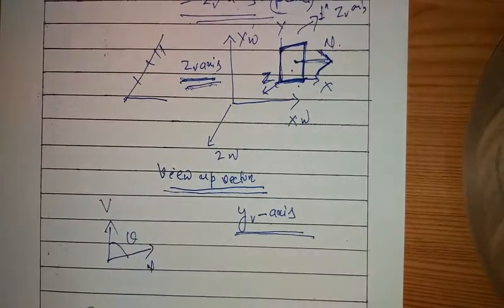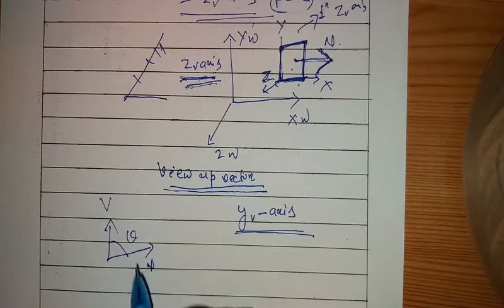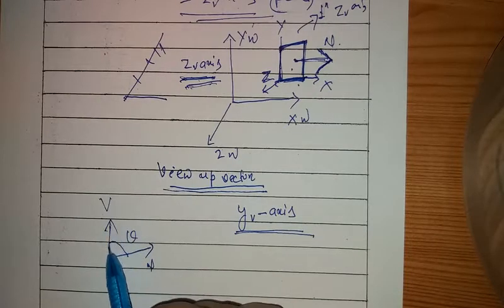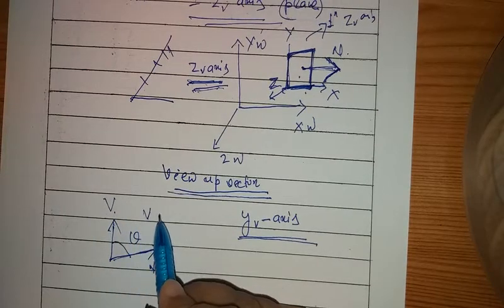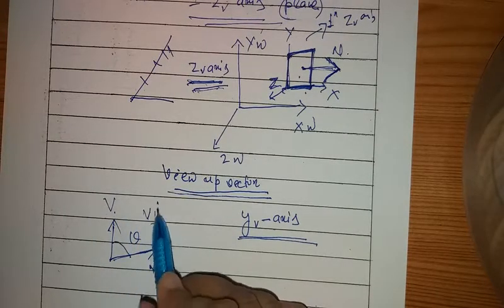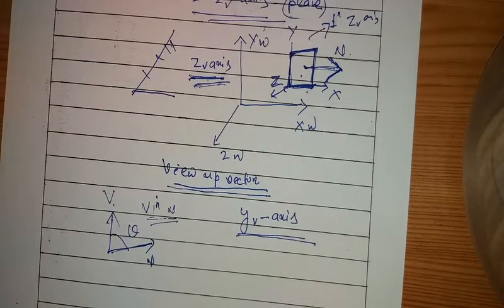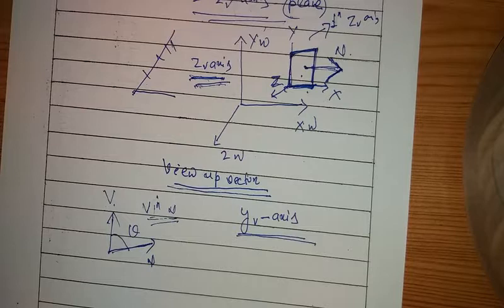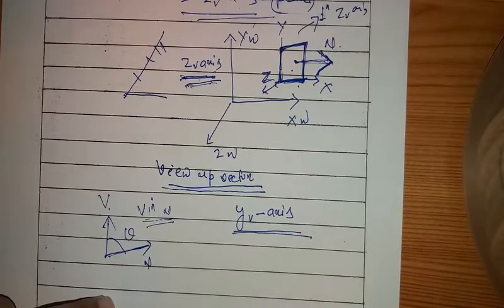This is the V vector. Now you have the normal vector and you have the V vector. Usually in the ideal case, V should be perpendicular to the n vector. In a very complex system, it may make some angle theta.